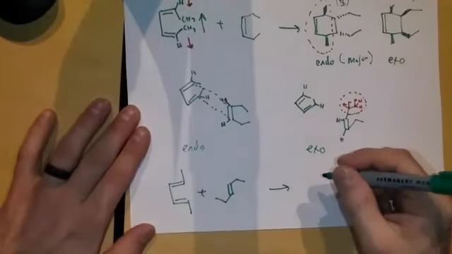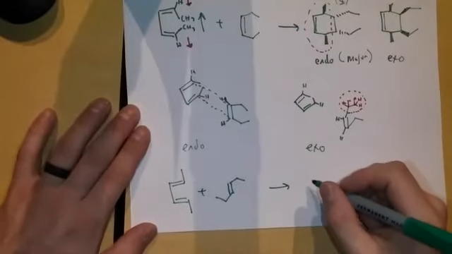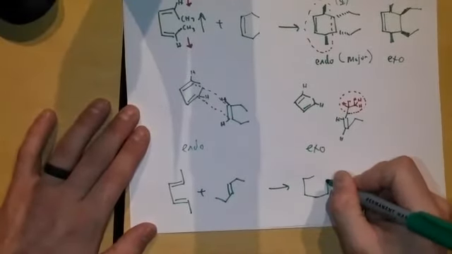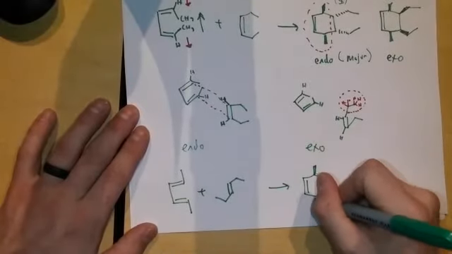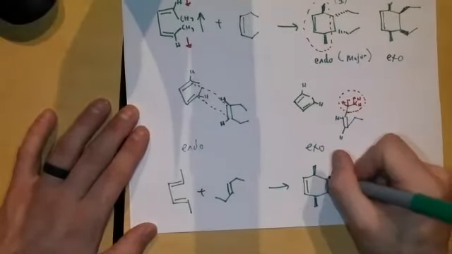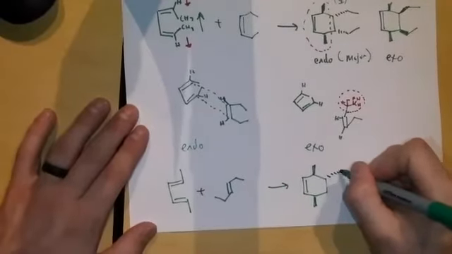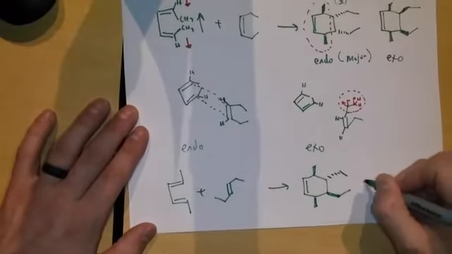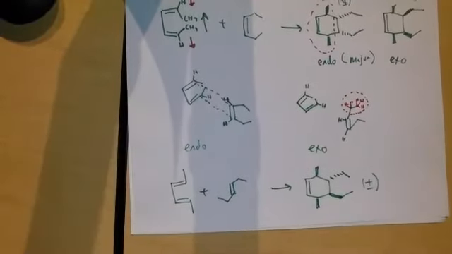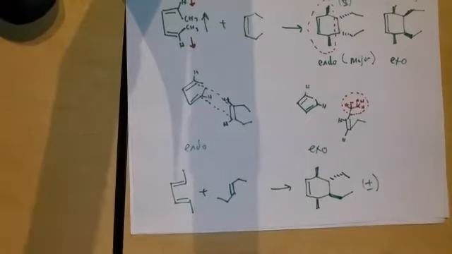So this could go to, I think this is just going to give us one product. This here. So if you have a nice plane of symmetry on this one, you don't have to actually do an exo and endo.